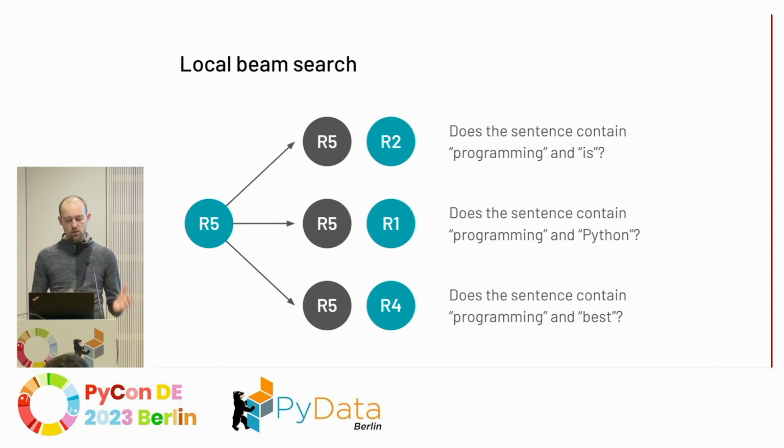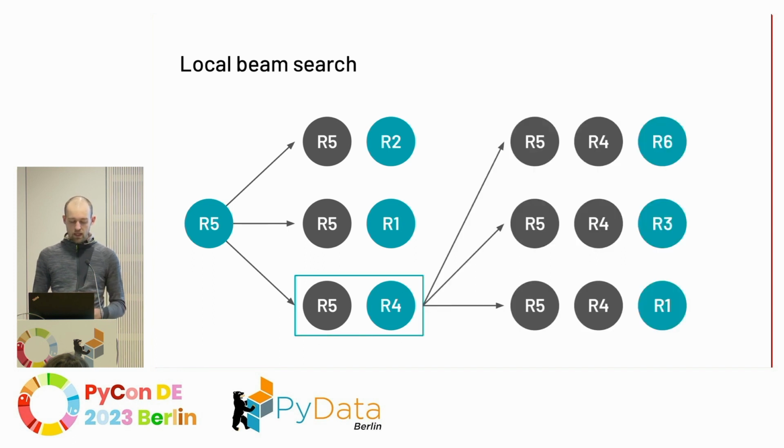So, right, is it the words programming and Python, or is it the words programming and best? And then if we do this, and if we try this a lot of times, over time we will find out that actually the bottom one, so if it contains the word programming and it contains the word best, that this is the best option, and then we could either stop or we could continue and add yet another rule and try to see if we can get even better and even closer.